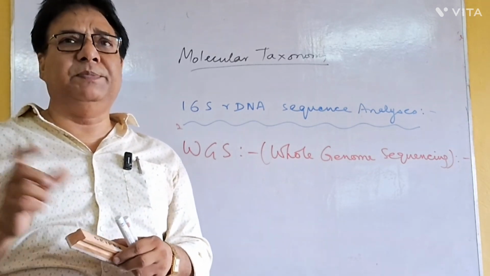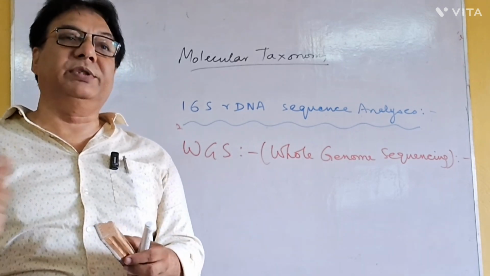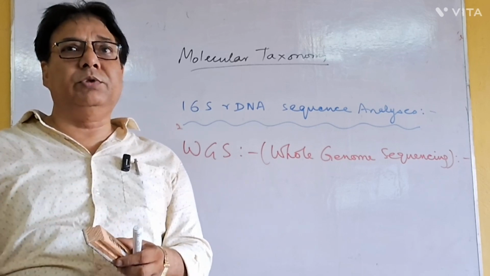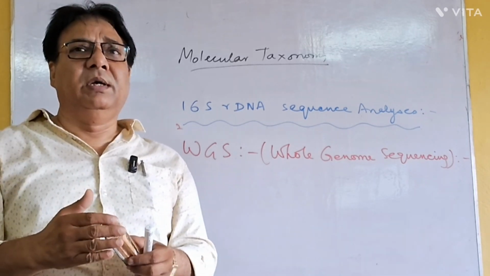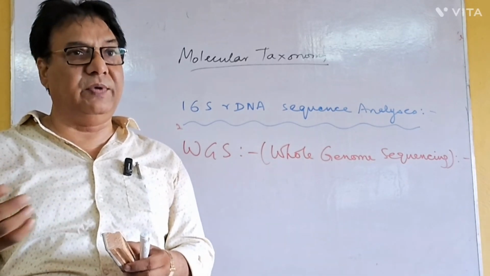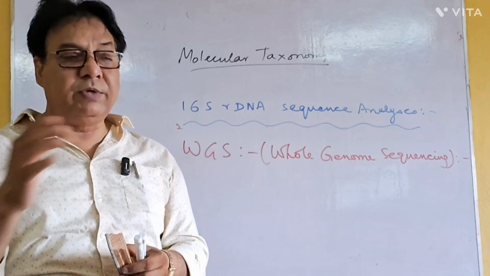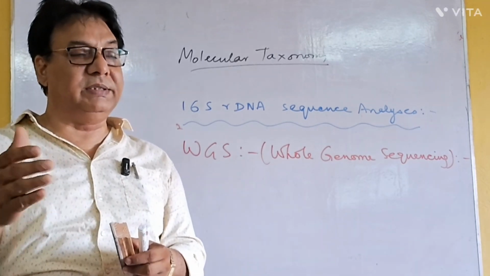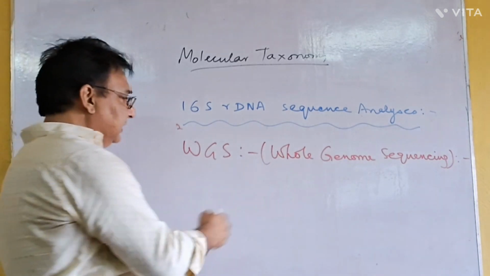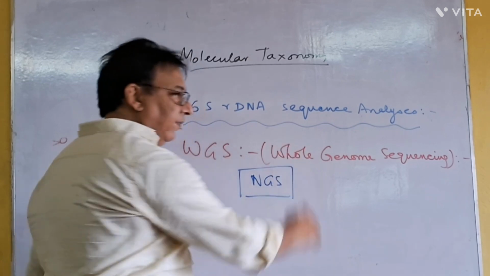That was a period when people used to do sequencing using Sanger's dideoxy method. That is a little bit slow method. During 2005 and afterward, next generation sequencing evolved. Now we are running with the fourth generation of NGS. Sequencing is very fast.